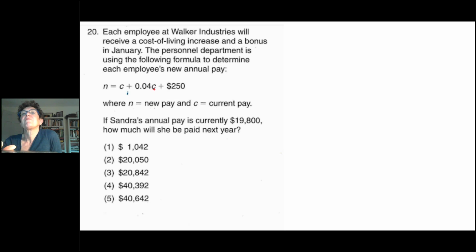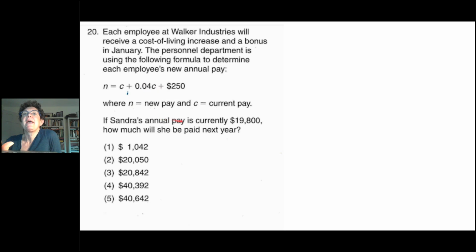So 4% of her current pay plus 250. Well, what is this? That she would be getting a bonus. So she's getting a bonus of $250 plus her current pay plus an increase based on her current pay.